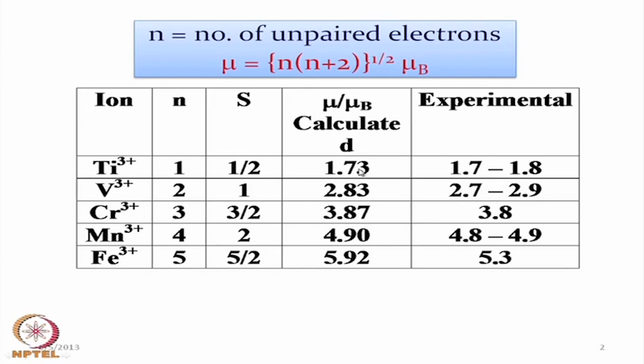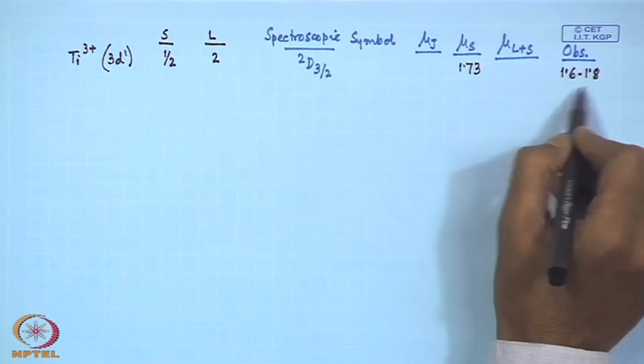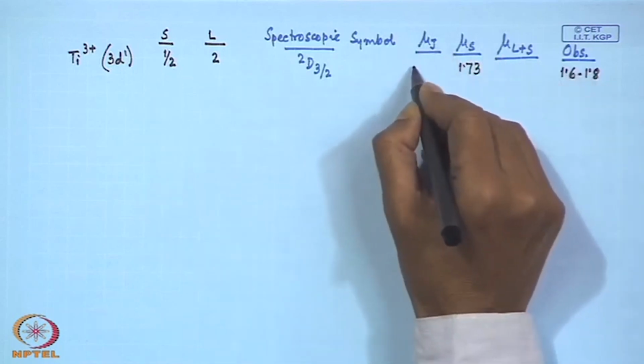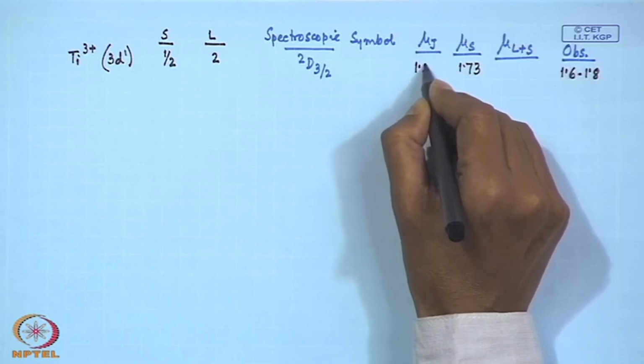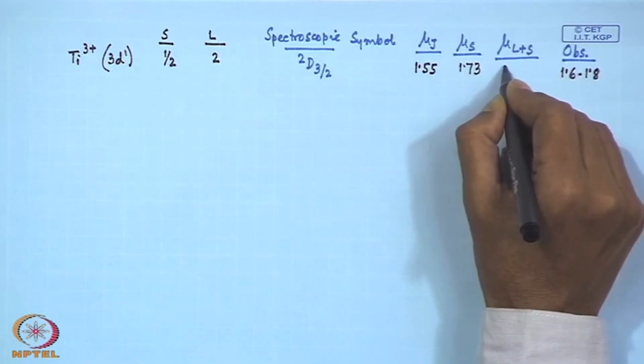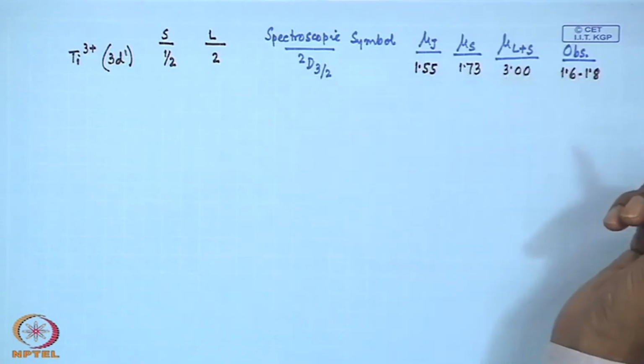This looks nice for these values, but if we calculate the corresponding mu J, it would be less. It is 1.55, and it would be 3.00 for mu L plus S.